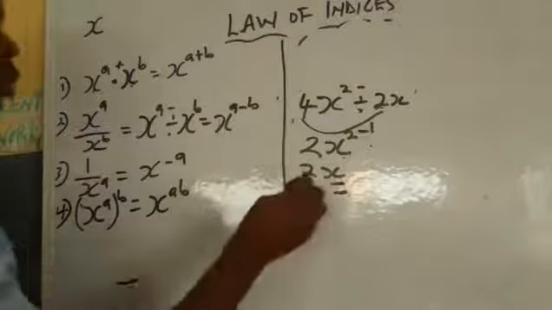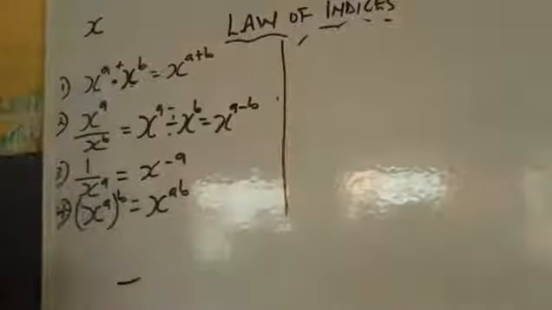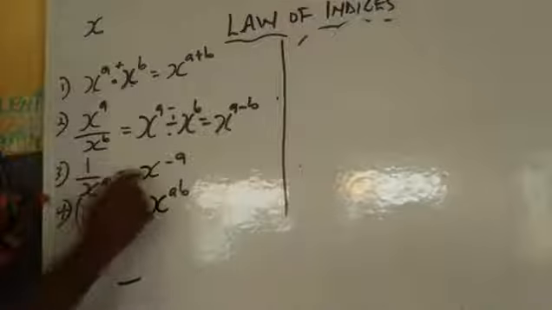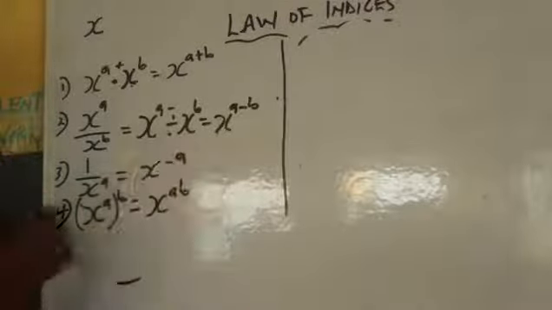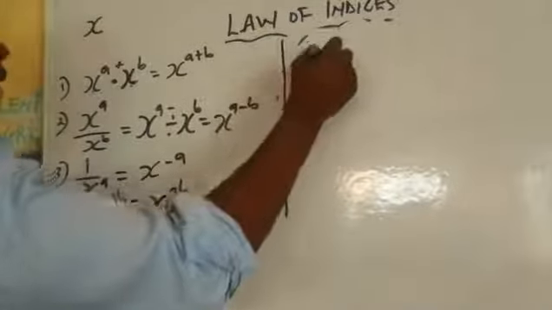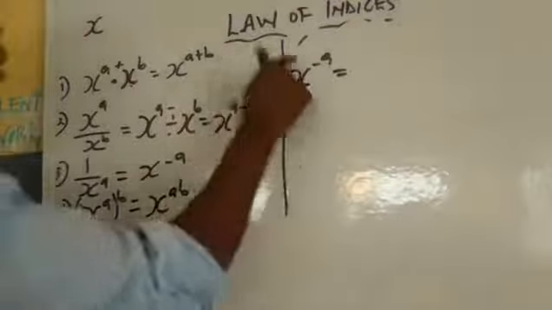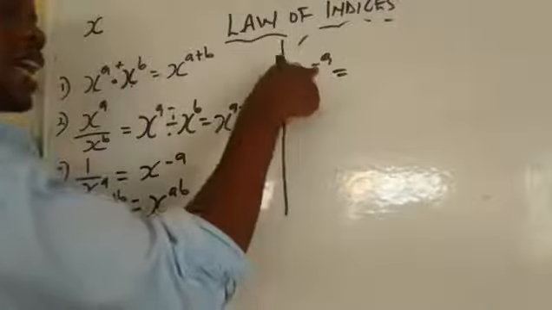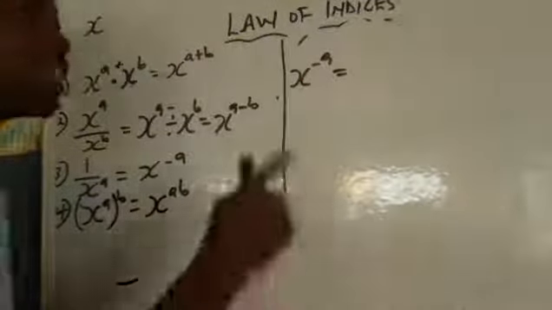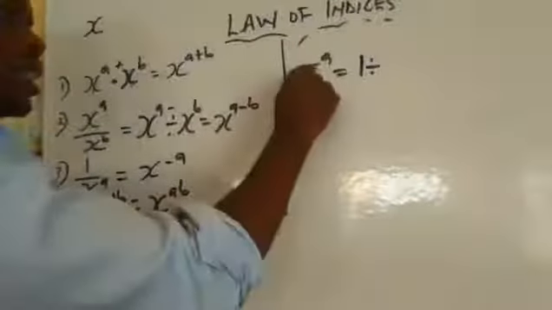Then for the third one, what do we do? For this one, we say 1 over x raised to the power a equals x raised to the power minus a. If you want to prove that this value is the same thing as this, anytime you have a minus in the position of power, that minus simply means 1 divided by something.